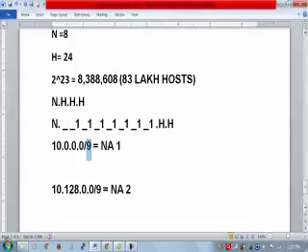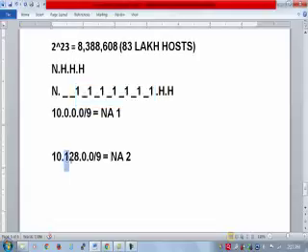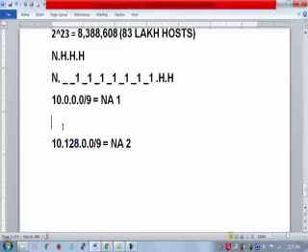Then I told you that I have dedicated 7 bits inside my second octet. 2 to the power 7 will give me 128. So my network address 2 will become 10.128.0.0/9, and my broadcast address 1 will become 10.127.255.255/9.